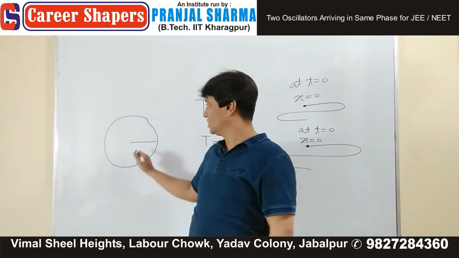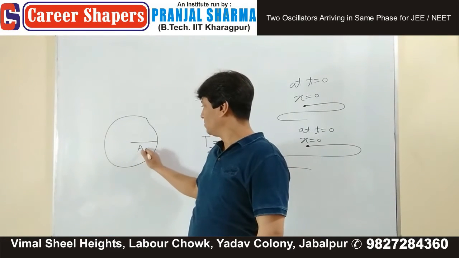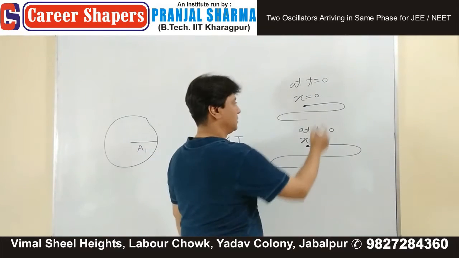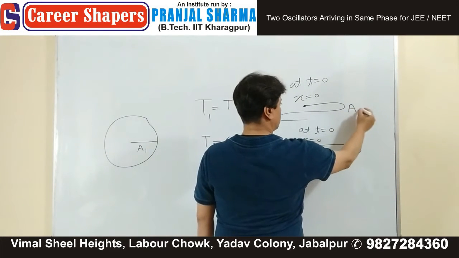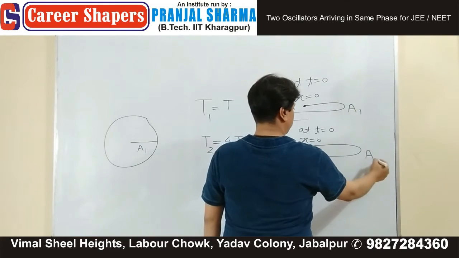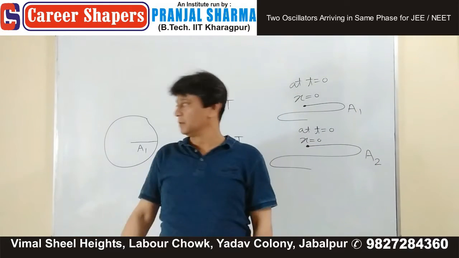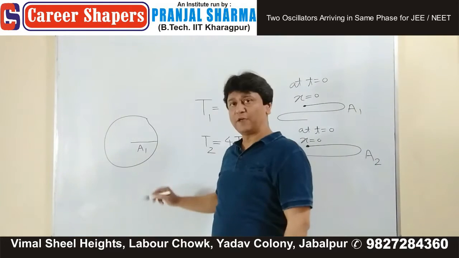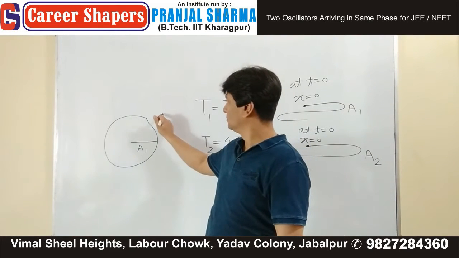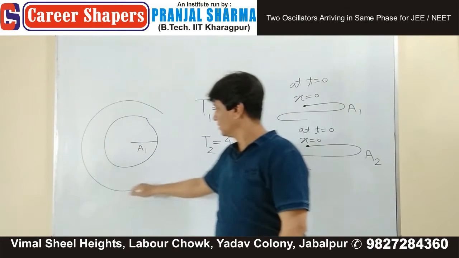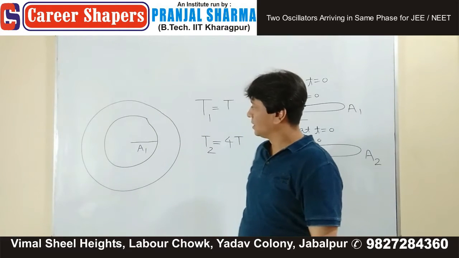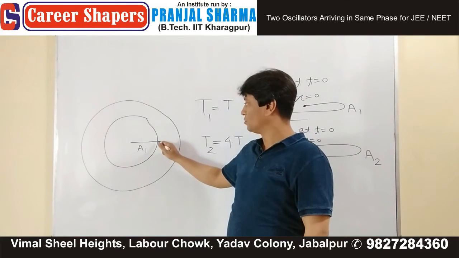Let's say the first one has an amplitude of A1, the second one has an amplitude of A2.